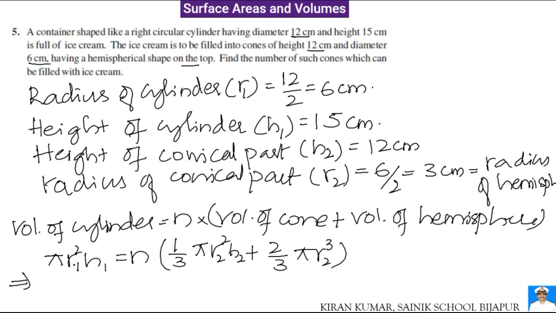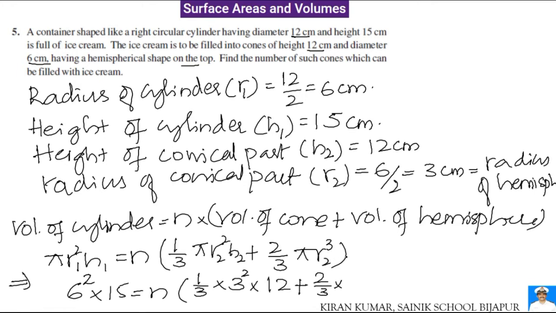We'll be getting r1 square into h1, 6 square multiplied by 15, equal to n times: 1 by 3 into r2 square, which is 3 square, into the height 12, plus 2 by 3 into r2 cube, which is 3 cube.